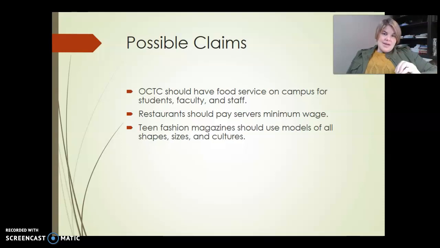So that's the caveat for the classical argument. We are going to use secondary sources in the definition and the causal, so don't worry. But the first thing you need to do is you need to be able to control your own opinion and buy into or dig into your own personal experience.